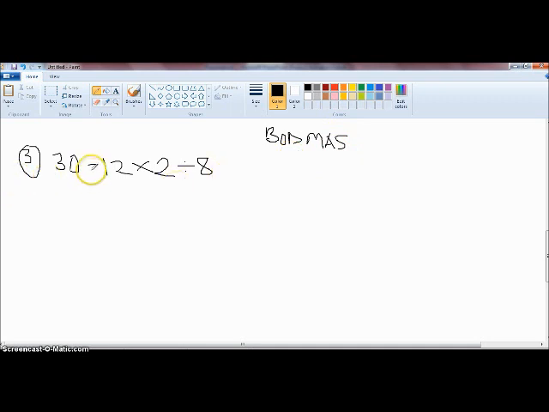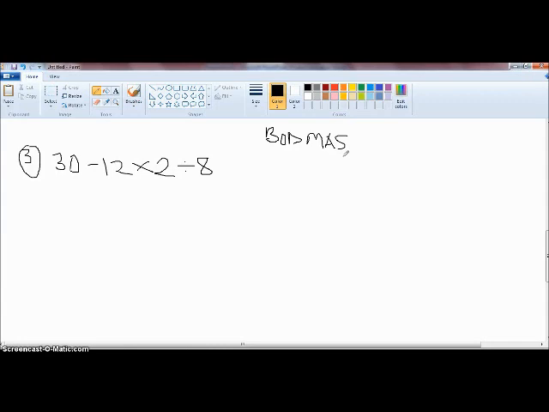So now we have subtraction, multiplication, and division. So what are we going to do? Brackets, of, division. We have division, multiplication, addition, and subtraction. So now remember the two rules I told you, that multiply and divide have equal status.